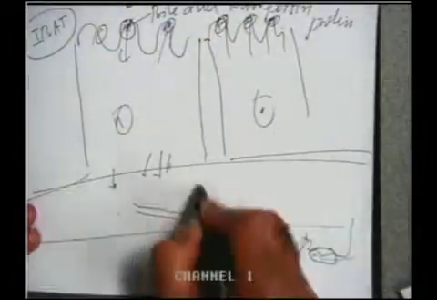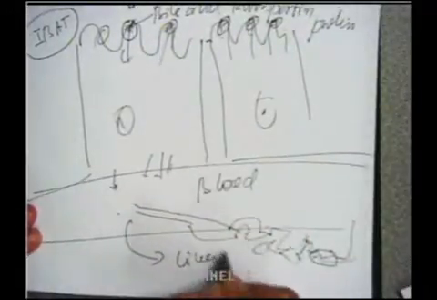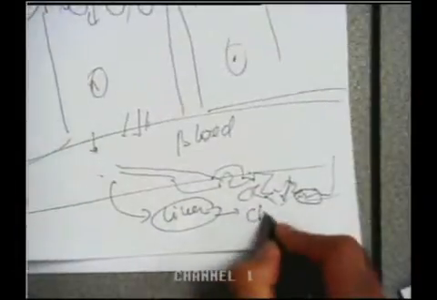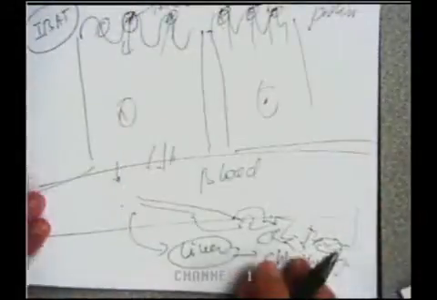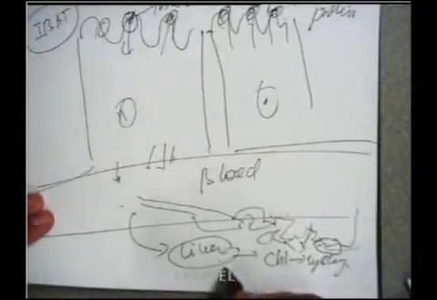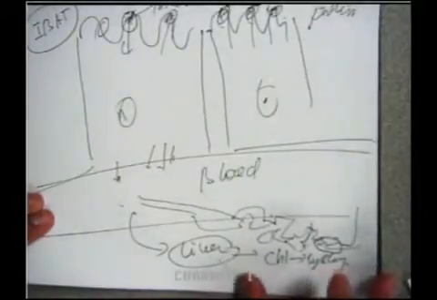From the blood it goes into the liver, and then to cholesterol synthesis, because bile salts are produced from cholesterol. So this is entero, and the liver is hepatic. The circulation of the bile salt we call enterohepatic circulation.